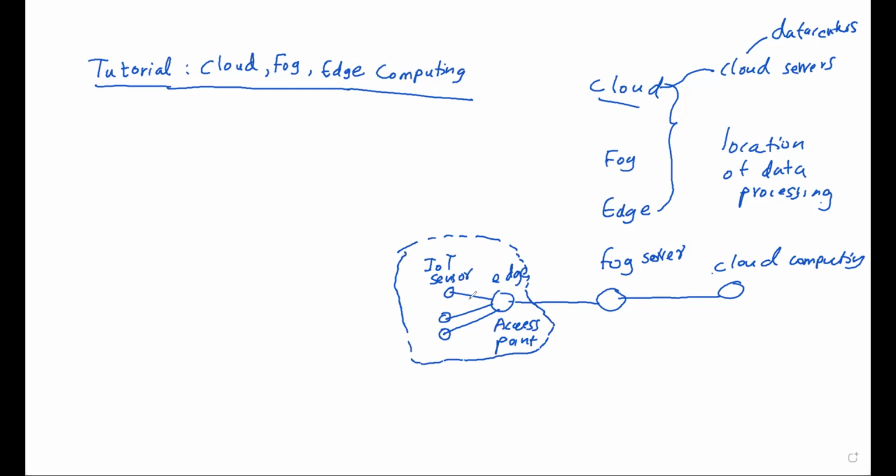That means the location where we are able to collect the data as close as possible to the sensors is known as the network edge. The edge is the point where we are able to collect the data from the sensors.